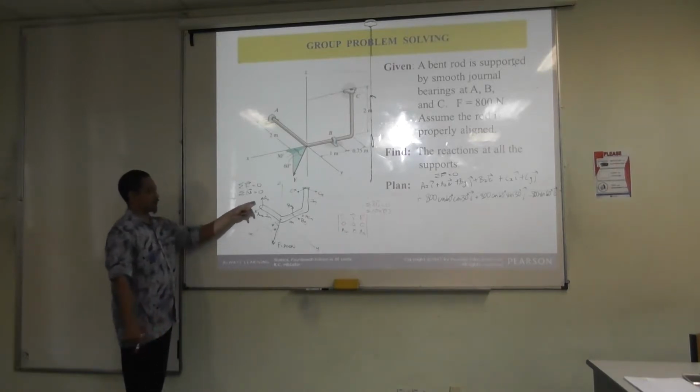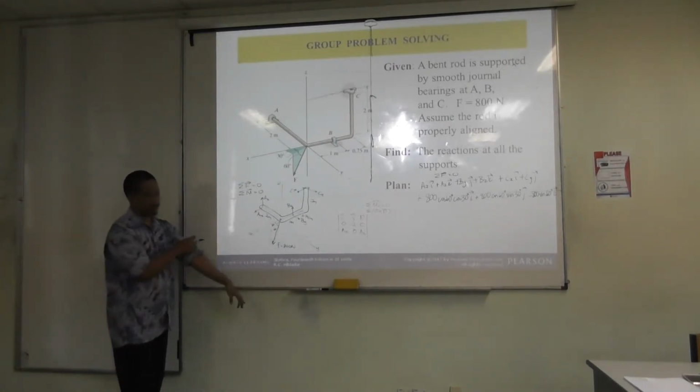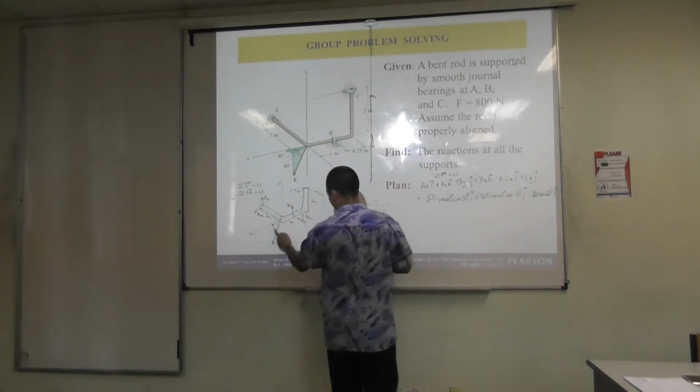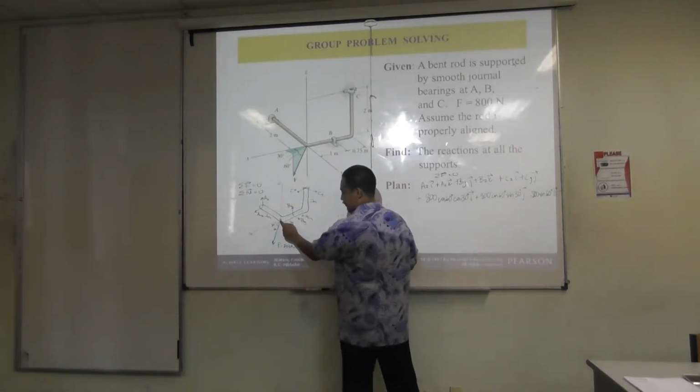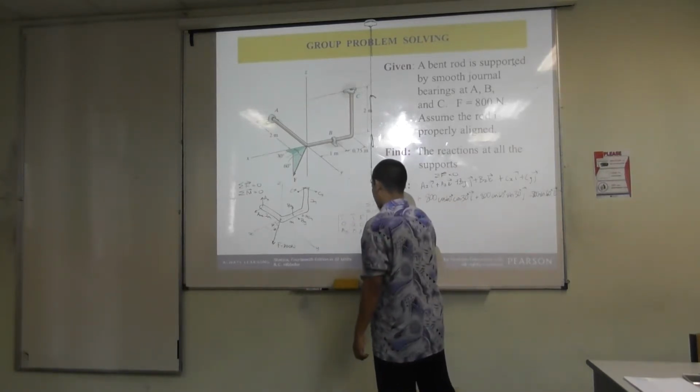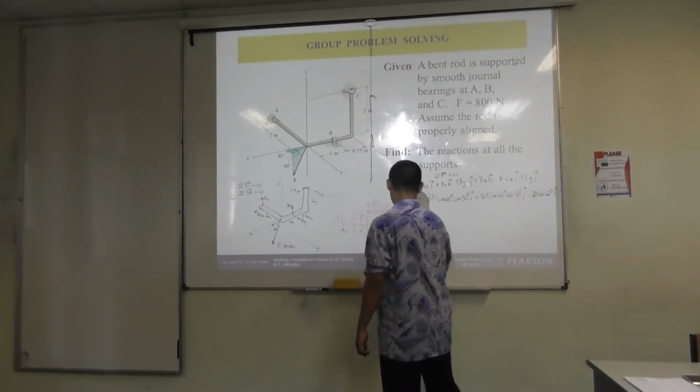Meaning you consider both as one component. Right? For B, of course this one doesn't have anything because it goes to 0, so it is just 0, 0, 0, right?